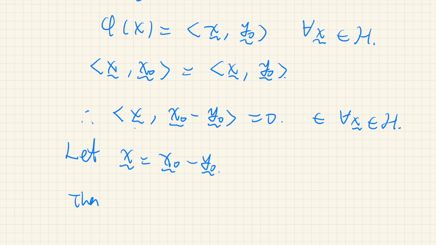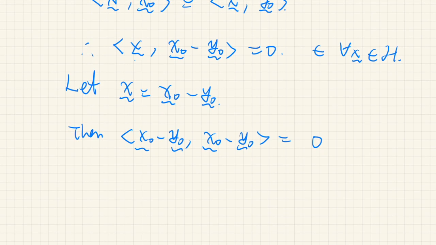Then we have ⟨x0 − y0, x0 − y0⟩, which is equal to 0, right? But this one is equal to the norm of x0 − y0 squared.